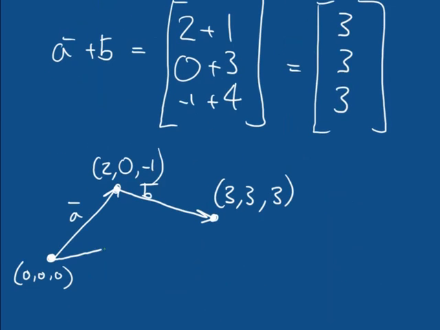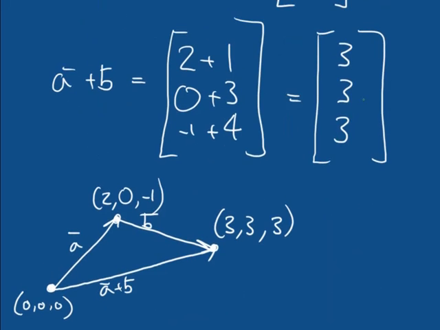So we can see our final vector here, which is our vector a plus b, just as in the 2D case that travels from the start of our chain to the end of our chain. We can see that this vector starts at the origin, 0, 0, 0, and travels to this point, 3, 3, 3. Therefore, we know this vector must have the components 3 in x, 3 in y, and 3 in z.